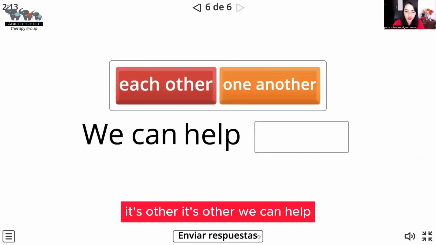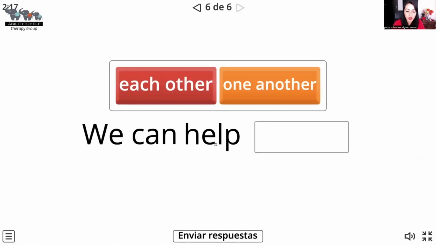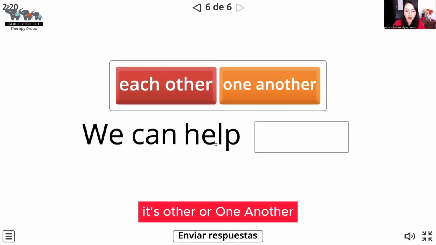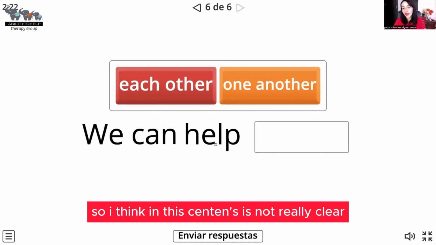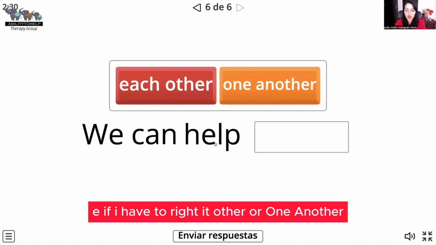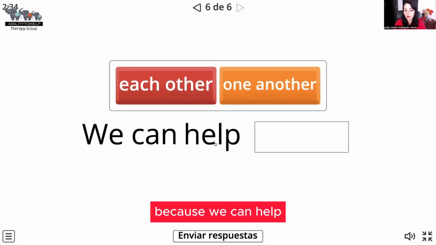Each other. Each other. We can help each other or one another. So I think in this sentence it is not really clear if I have to write each other or one another, because we can help.